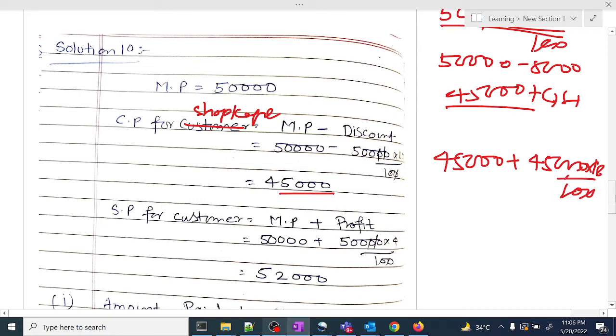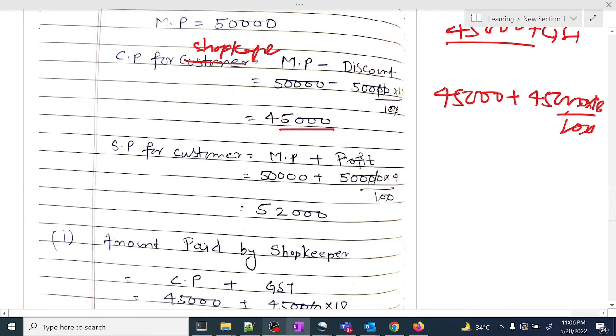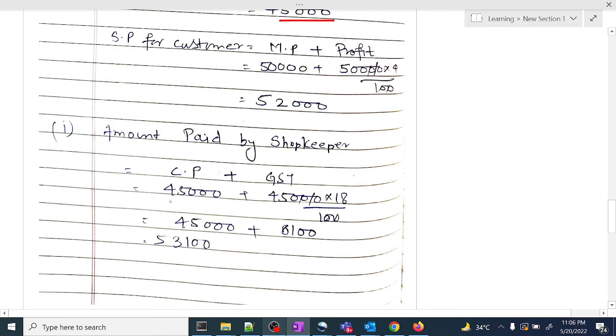So 45,000 is the cost price for the shopkeeper, not for the consumer. And then with the GST the shopkeeper pays, it comes down to 53,100 rupees, right?